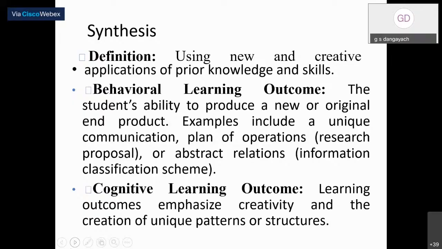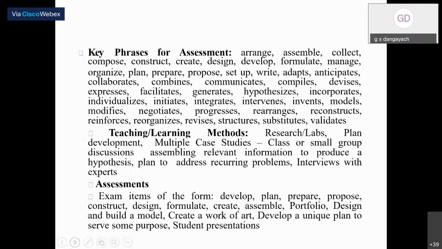Examples include a unique communication plan of operations, a research proposal, or abstract relations, an information classification scheme. Learning outcomes emphasize creativity and the creation of unique patterns or structures. So synthesis means we apply our earlier earned knowledge for some application.